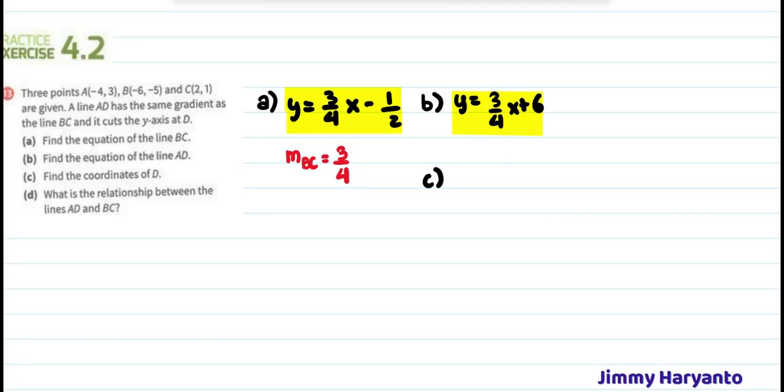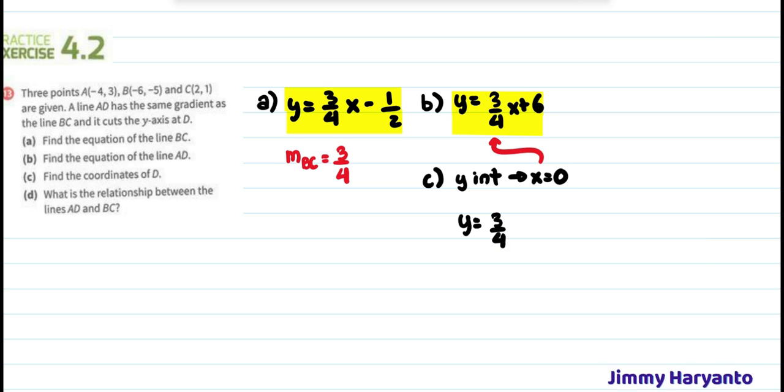And then for question C, the question says the line AD cuts the y-axis at D. So y-intercept. Y-intercept means x equals 0. And then you input this x into the line AD. So y equals 3 over 4 times 0, and then plus 6.